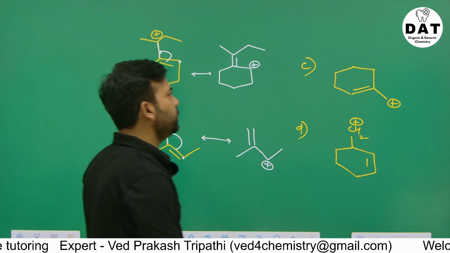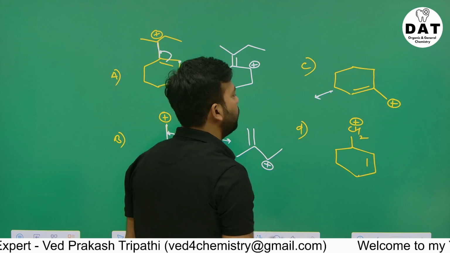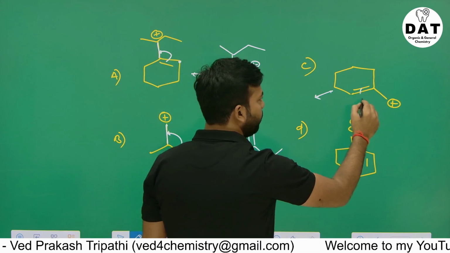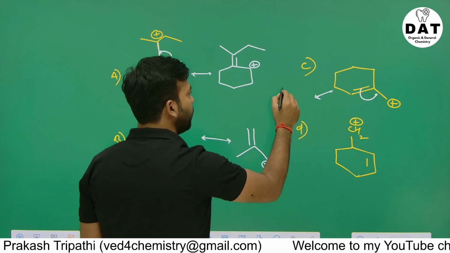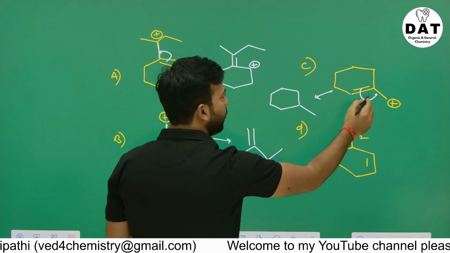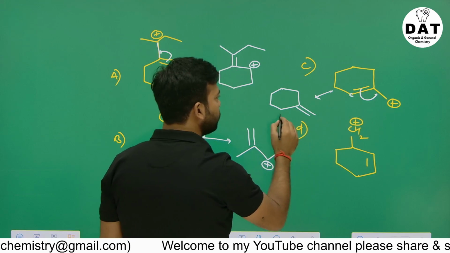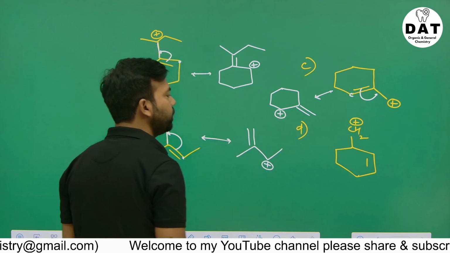Now look at the C. The double bond will be like this. Connectivity is not going to change. You can see this bond has an arrow, so double bond, and this carbon has the tail, so positively charged. Clear?